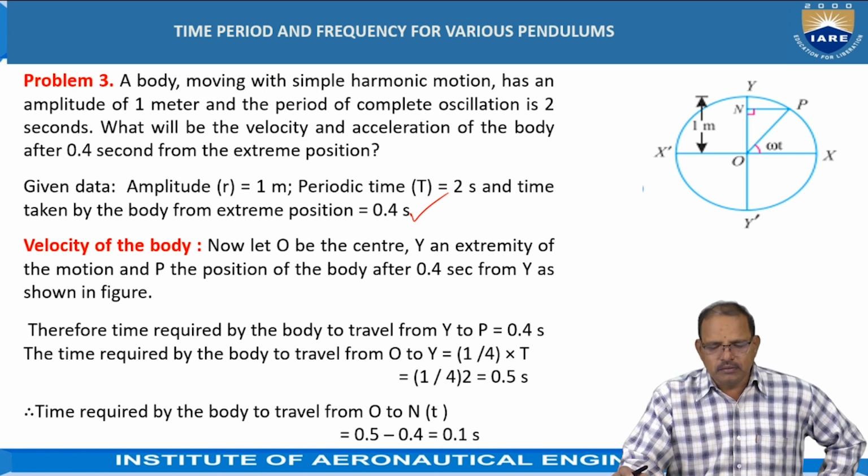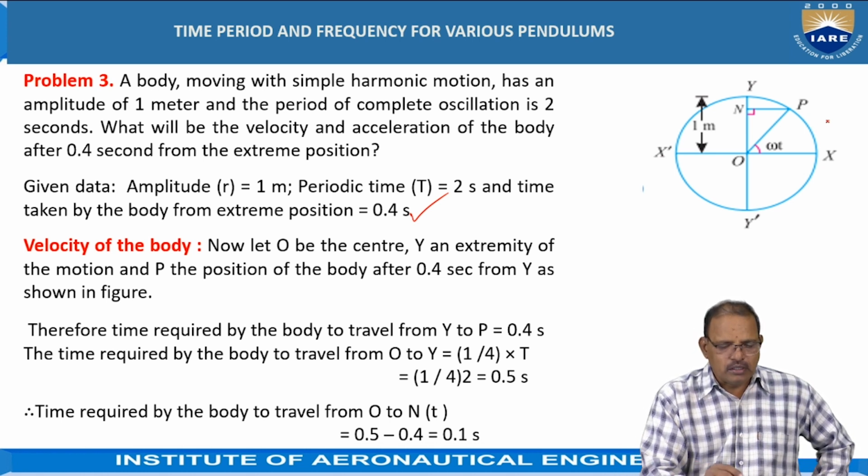Now let O be the position of the center when the body is moving along the circumference of a circle with a uniform angular velocity omega. After time t seconds, assume it occupies a new position P as shown in the figure.